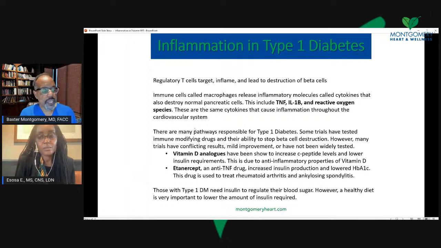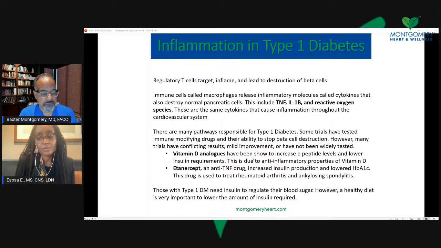Now, there are many pathways responsible for type 1 diabetes. Different trials have tested immune-modifying drugs. They're always looking for drugs to address these things, and they've looked at vitamin D analogs. Etanercept is an anti-TNF alpha drug that increases insulin production and lowers hemoglobin A1C. So you can get some drugs that have an interim effect.